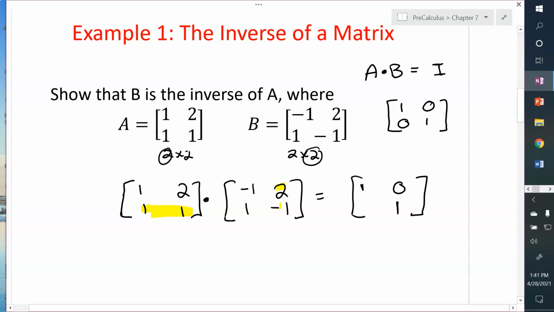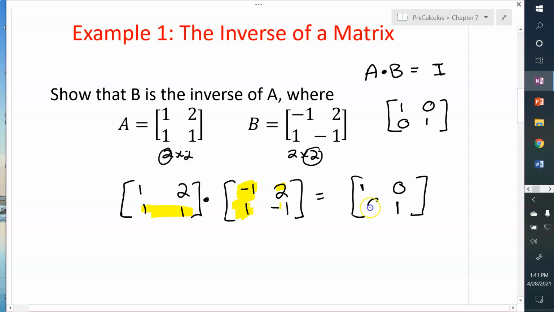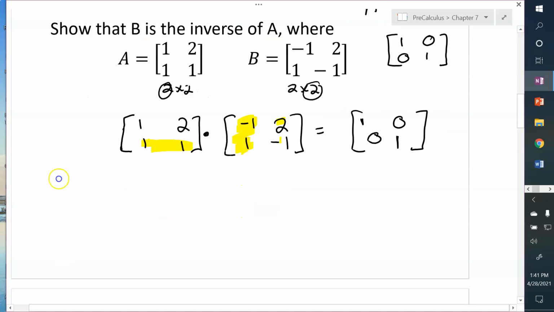So I'm going to multiply 1 times negative 1 is negative 1, and then I'm going to add to that 1 times 1 is 1. So I get a 0 there. So that's the identity matrix. That means A and B are inverses.